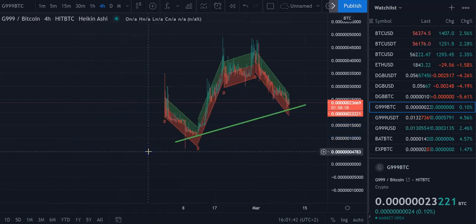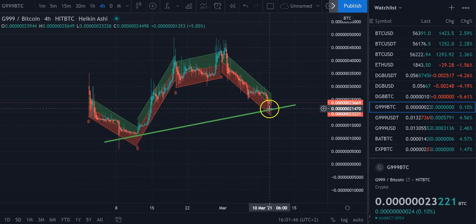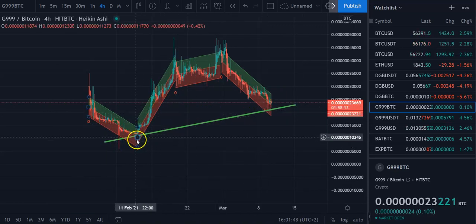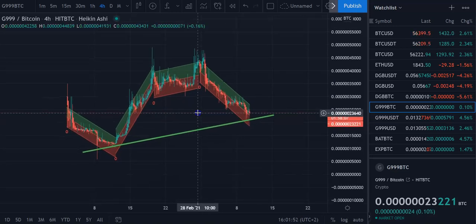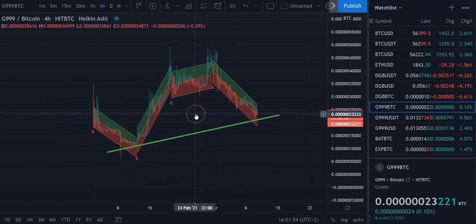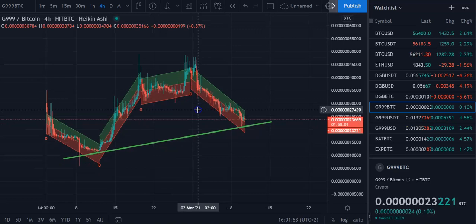And we can see the price is still, we haven't dropped lower than our lowest low, which is a bullish sign.